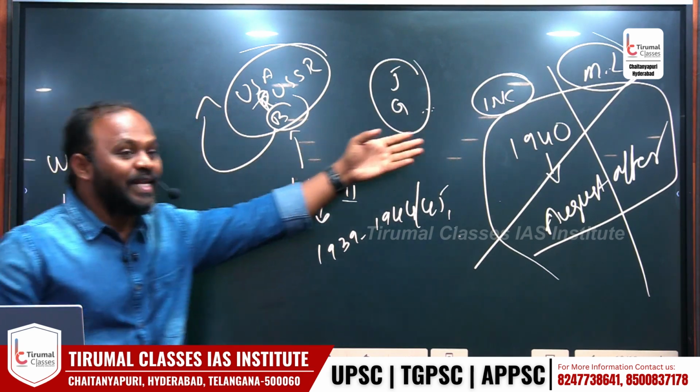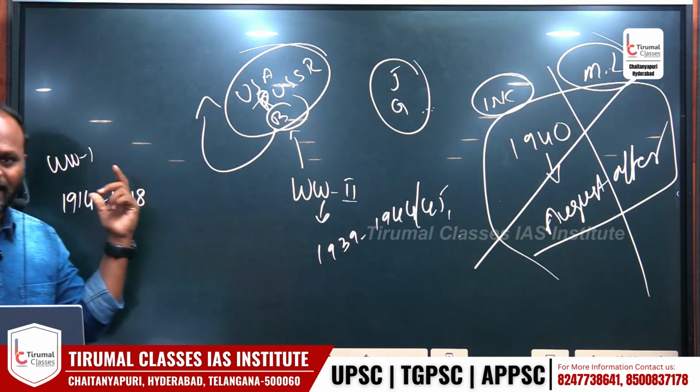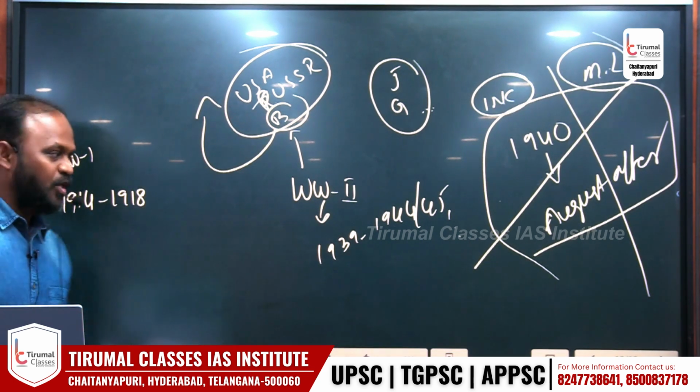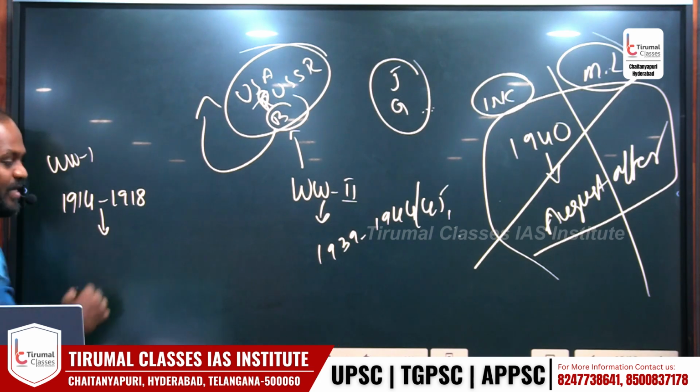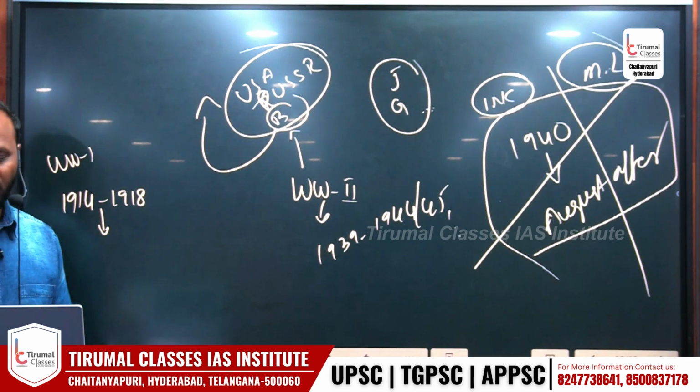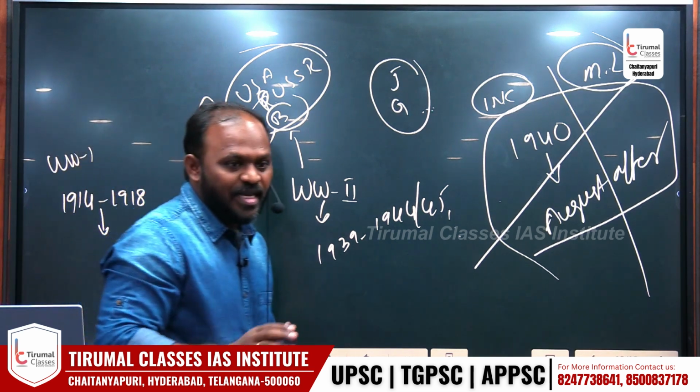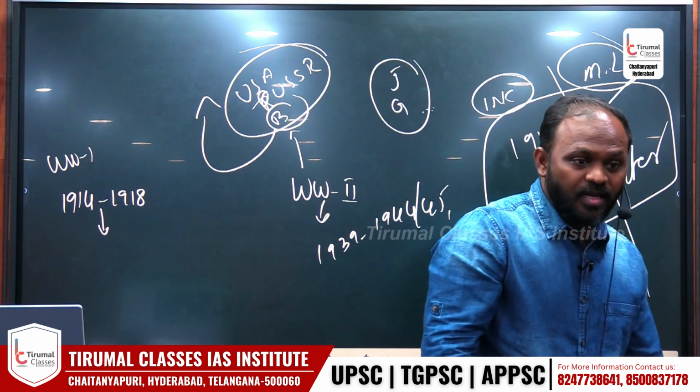And a similar strategy was executed by the British during World War I. During World War I, we demanded dominion status. Dominion status means not complete independence, but partial independence. What is that?